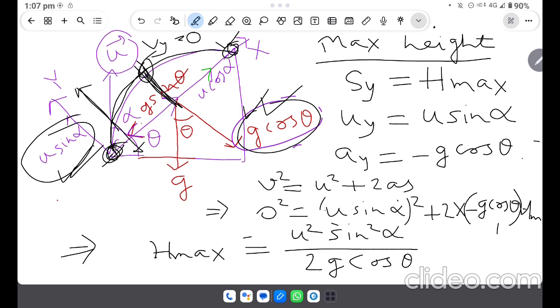Okay, so the second one is also done. The third one is the range.